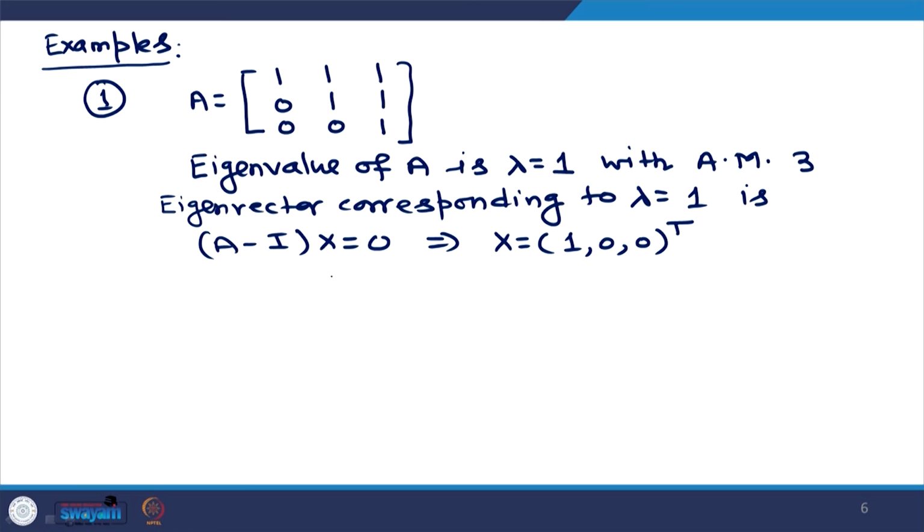So, the geometric multiplicity of lambda equals 1 is 1. So, it cannot be diagonalized.